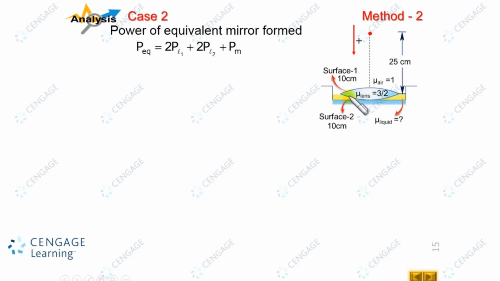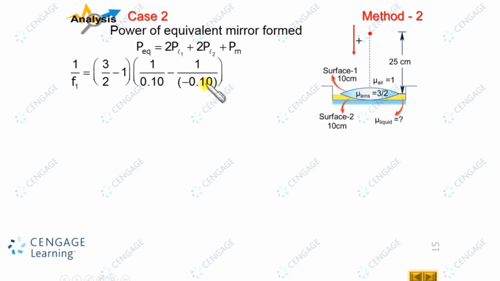Okay, now we know the focal length 10 centimeter, but for calculating power we need to substitute the magnitude of the focal length in meter. So this is 0.1 meter. This is 10 meter to the power minus 1, right? Now come to the calculation of the focal length of this part, that's the plano-concave lens.